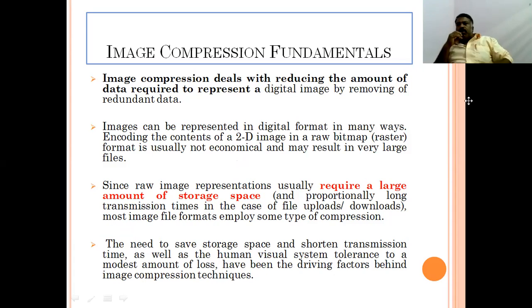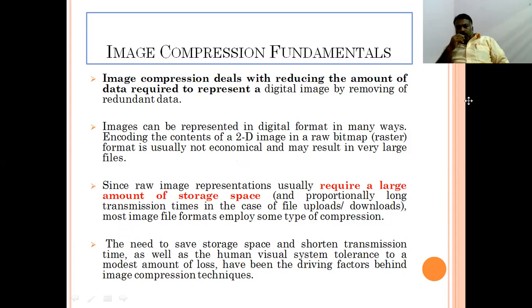The need to save storage space and shorten transmission time, as well as the human visual system's tolerance to a modest amount of loss, have been the driving factors behind image compression techniques.